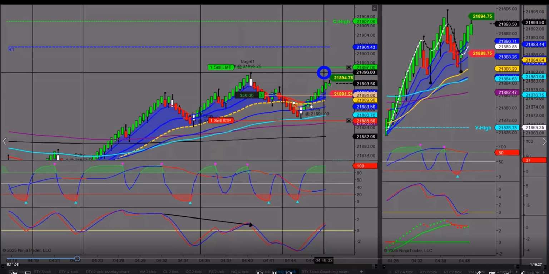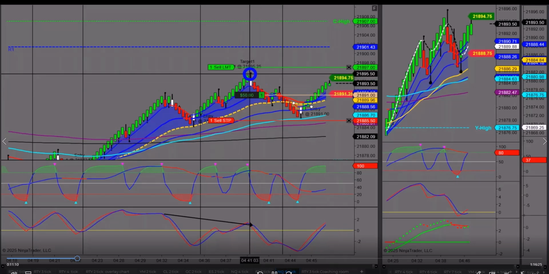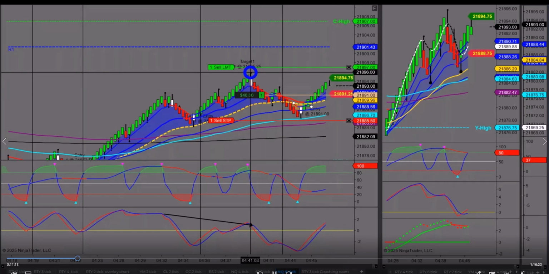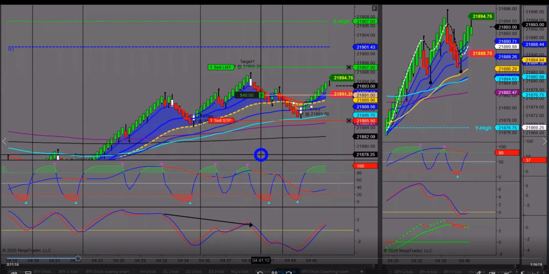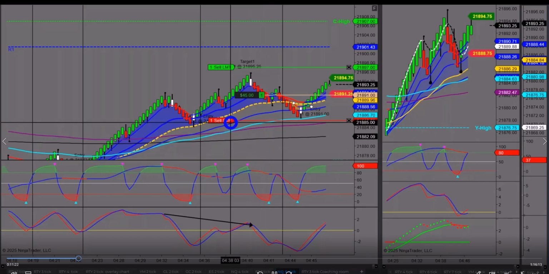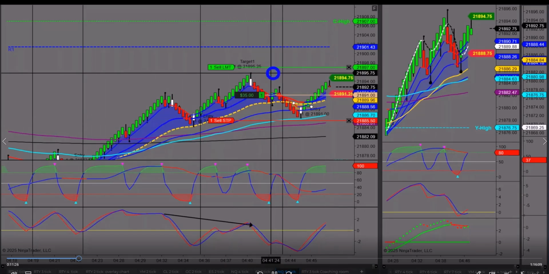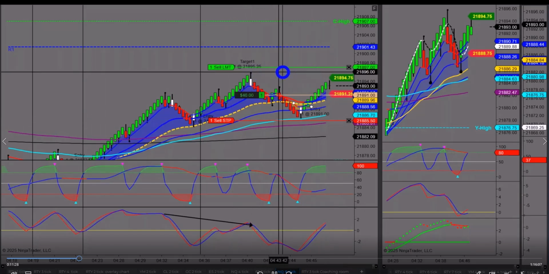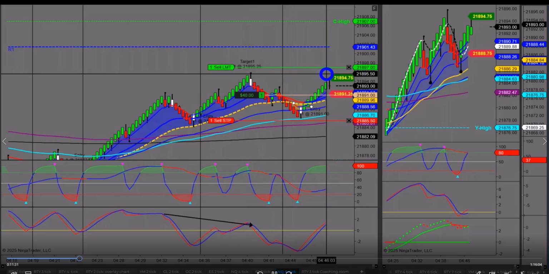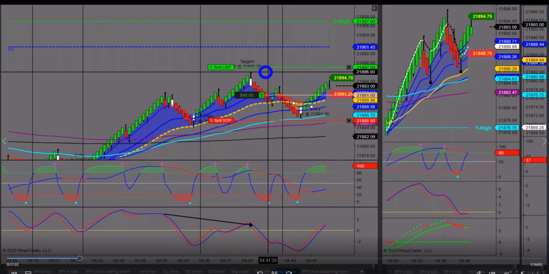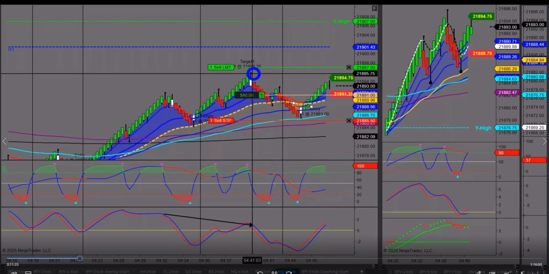Okay, that's a 4 tick, and what that means is each one of these candles from the high to the low is 4 ticks or $20, and each halfway point is worth $10.